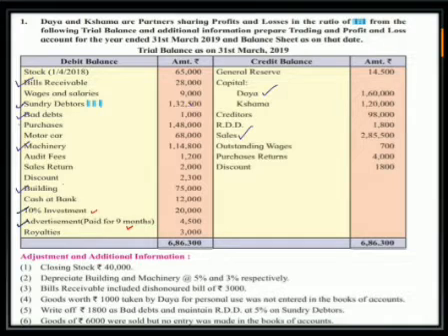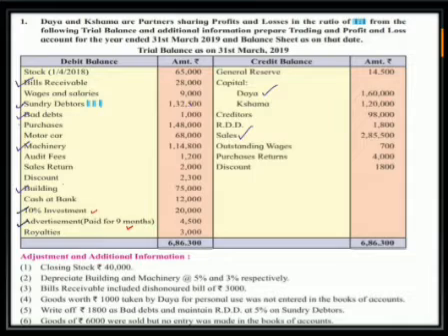Closing stock. Now there is no such item in the trial balance, so we have to remember that for closing stock we have to give the two effects, that is, trading account credit side by closing stock and balance sheet asset side. Depreciate building and machinery at the rate of 5% and 3% respectively.